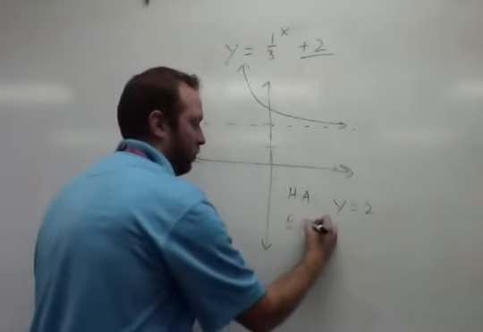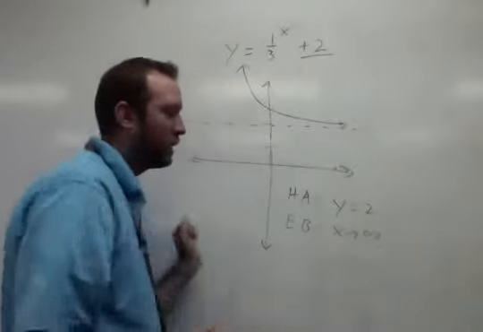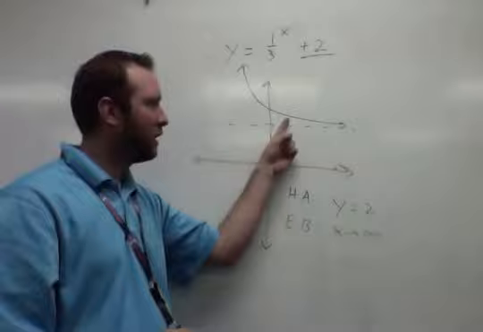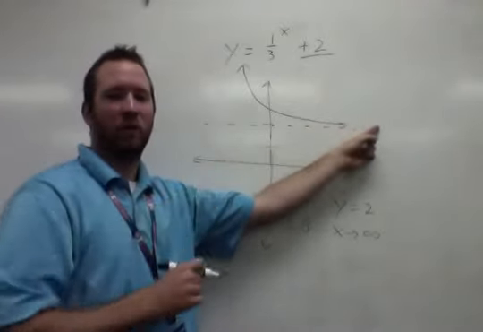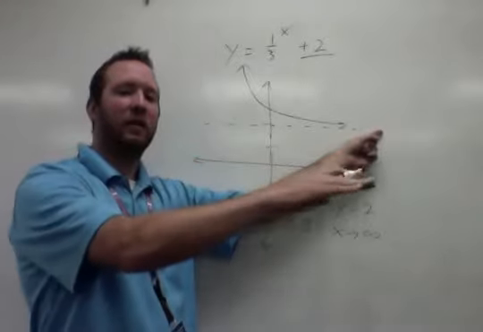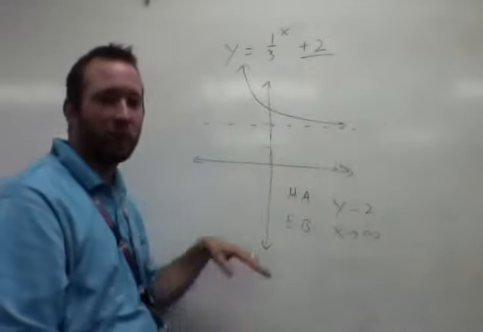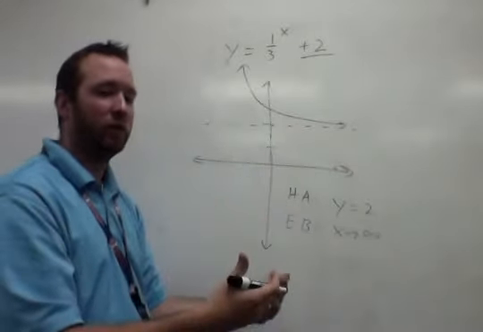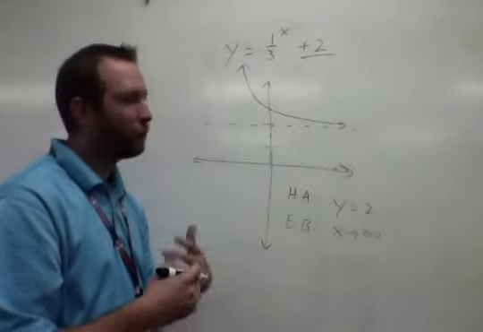And end behavior: as x goes to infinity, so as I trace this graph and x gets bigger and bigger, notice that my finger is flattening out. It's flattening out at a height of 2 because it's approaching the horizontal asymptote. So as x goes to the right, as x gets bigger and bigger, the y values get closer and closer to 2.